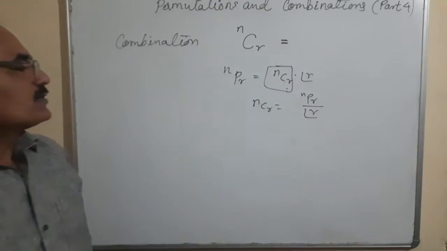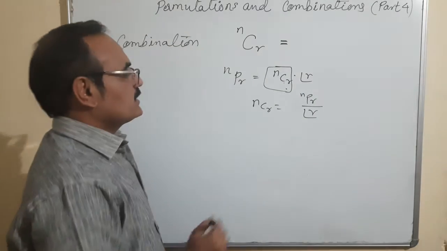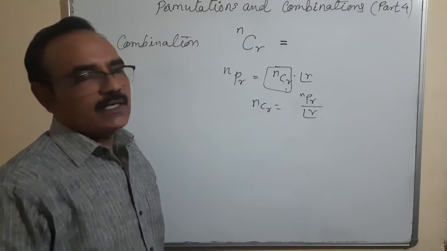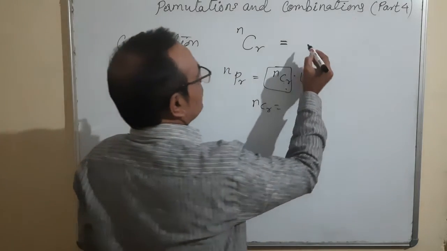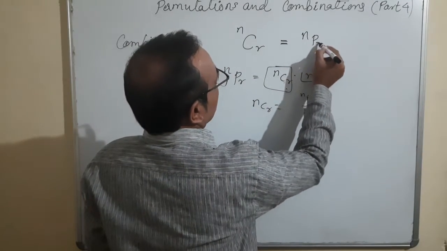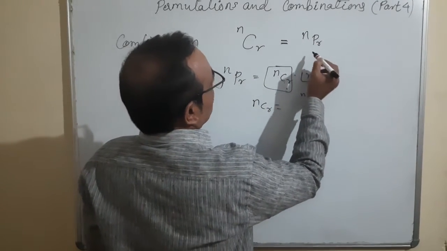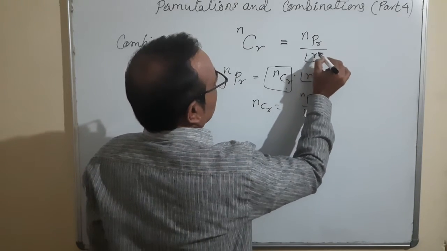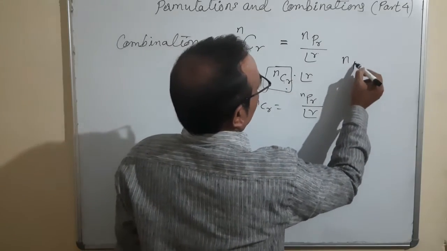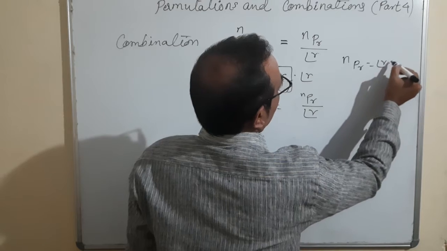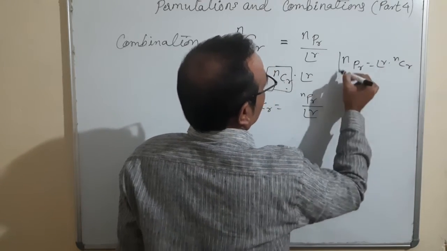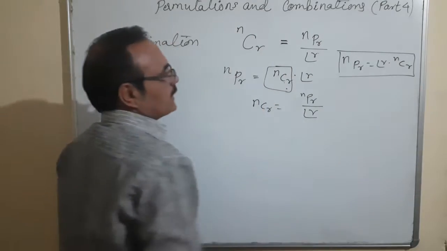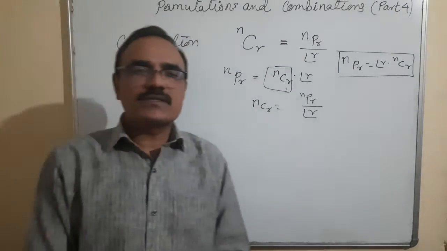So that is the meaning of combination nCr. There is a relation: nPr is equal to factorial r multiplied by nCr. So we should remember this relation between permutation and combination.